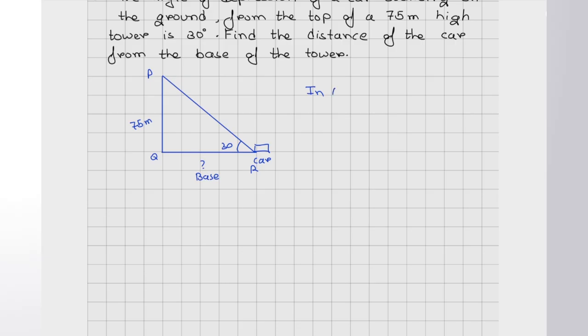In triangle PQR, tan 30 is equal to what? First of all, we'll write the ratio. Tan is equal to opposite by adjacent. TOA, that is opposite by adjacent. So tan 30 is equal to opposite PQ by adjacent QR.